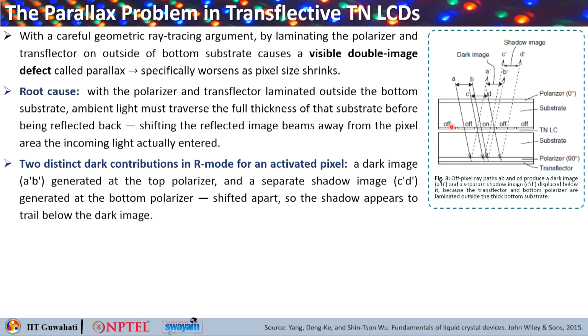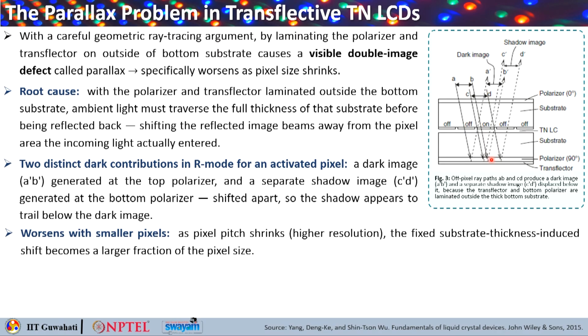Here you can clearly see the two distinct dark contributions in reflection mode for an activated pixel. This is the dark image, A prime B prime, generated at the top polarizer, and you see a shadow image, C prime D prime, generated at the bottom polarizer. These are shifted apart, so the shadow appears to trail below the dark image.